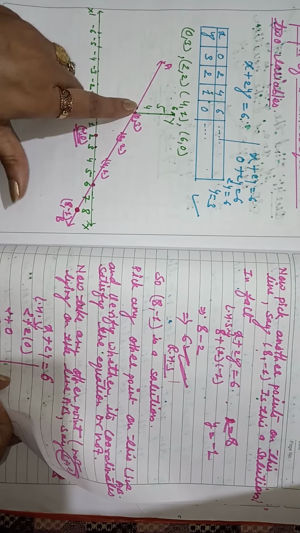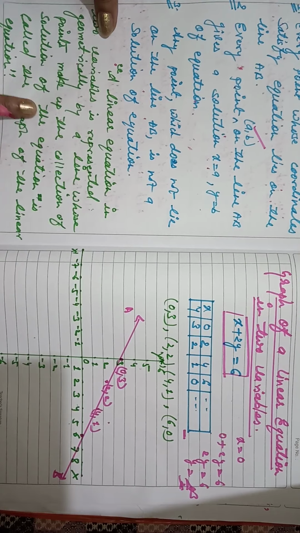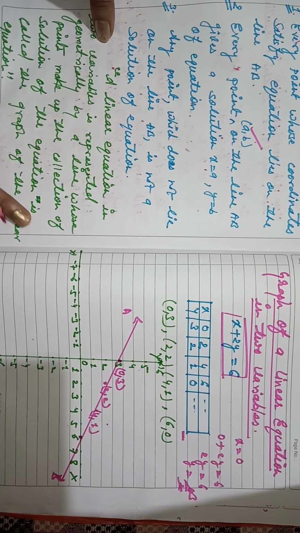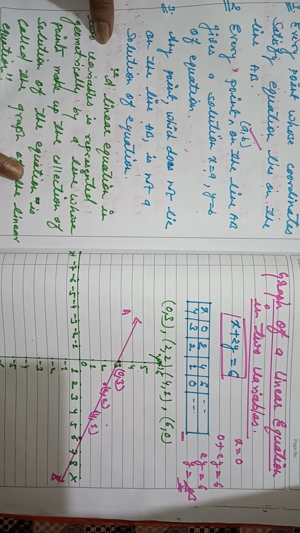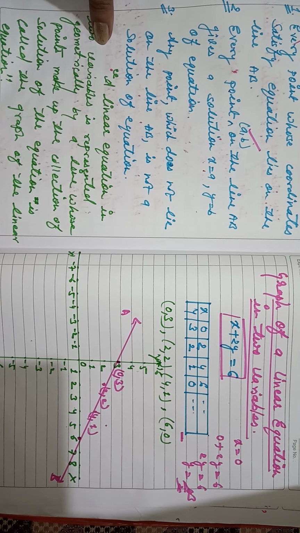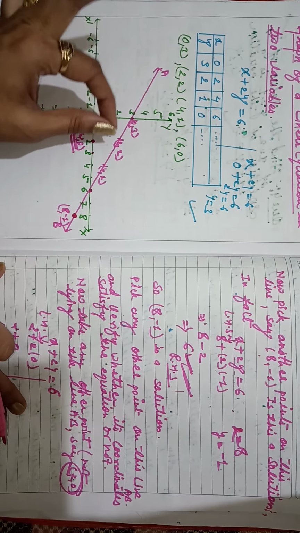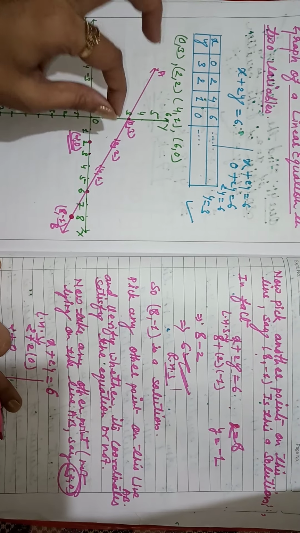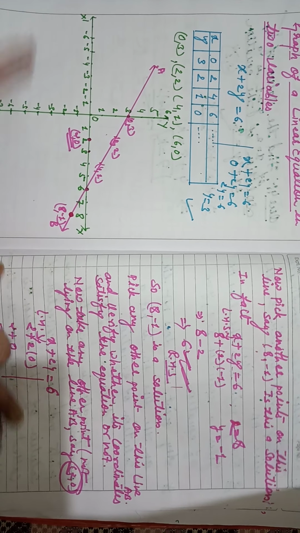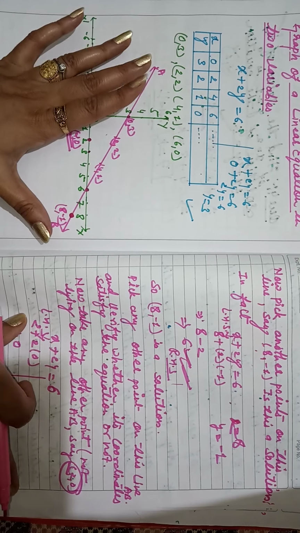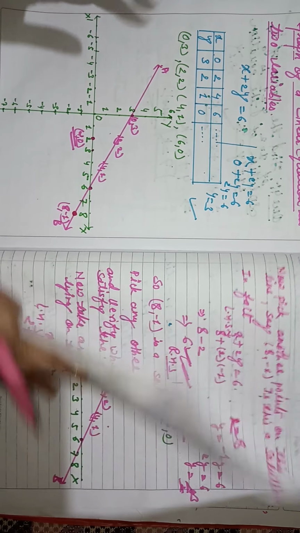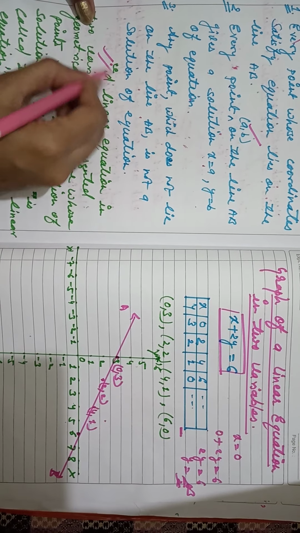The collection of solutions of the equation is called the graph of the linear equation. So whenever we mention points on a line, that means we mark the points and join them, and we get a line. This is the graph of the linear equation in two variables, and this is the definition.